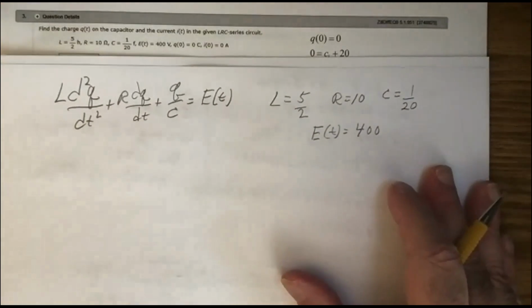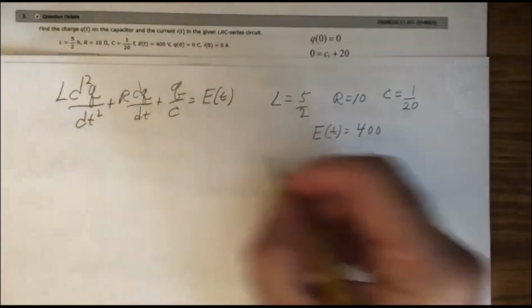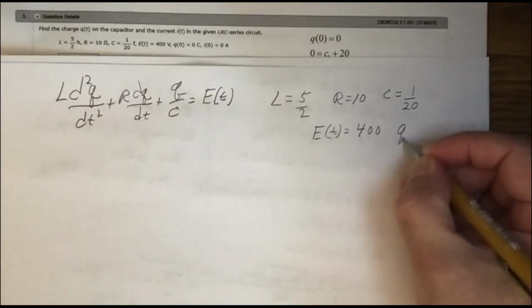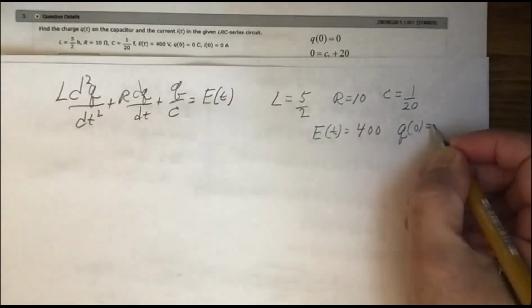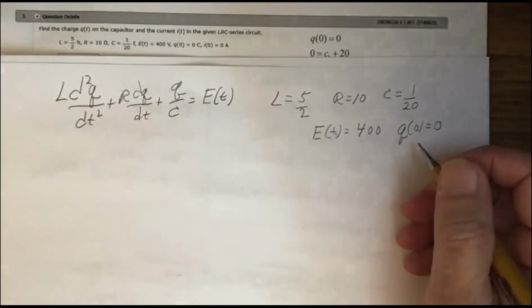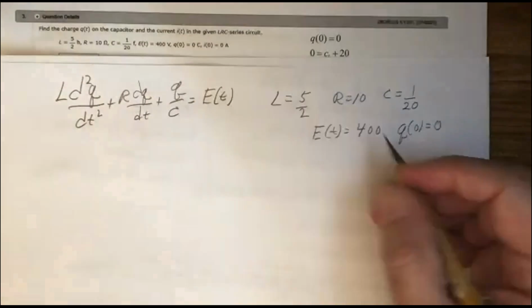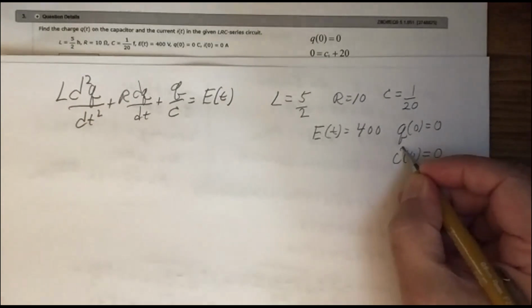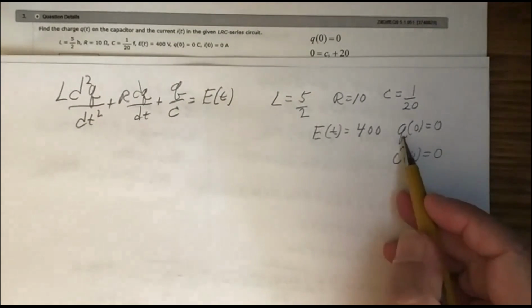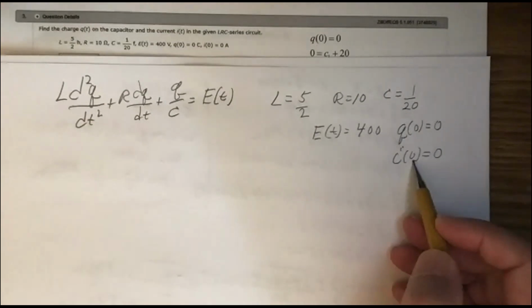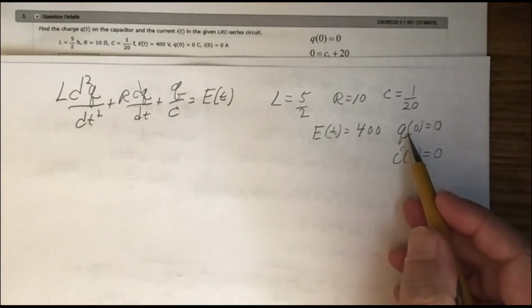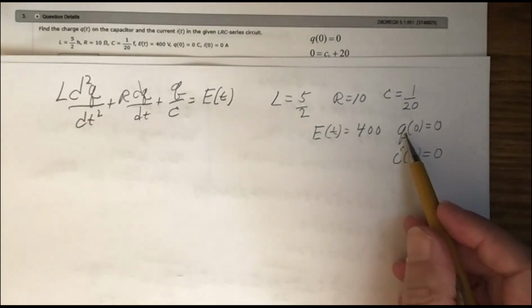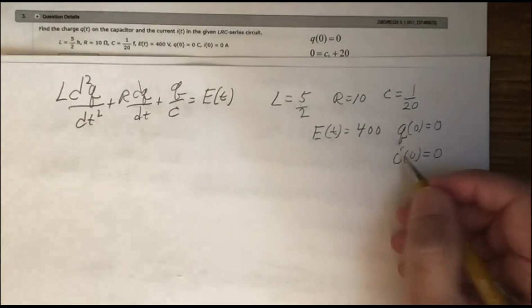They also tell us that Q at time t equals 0 is 0, and that the current is also 0 at time t equals 0. So this is just like a spring mass system. This would be position, this would be velocity. Remember, the derivative of Q is just I.